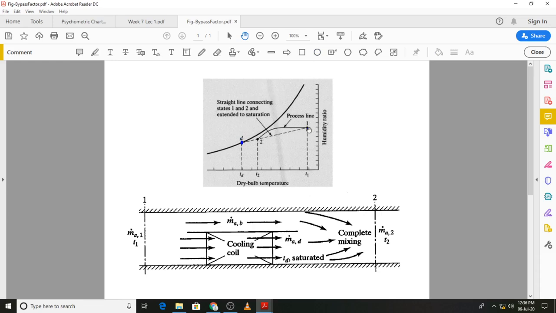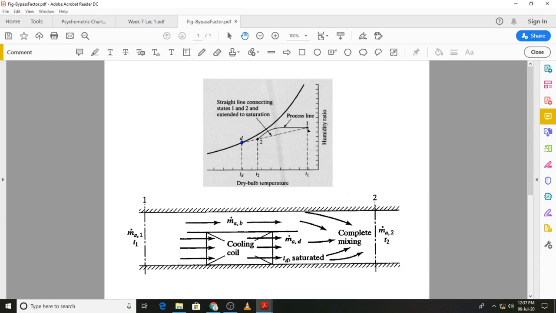And if we adiabatically mix two air streams 1 and D, what we are saying is that at the end of the mixing we will still attain the same temperature that actually exists in the cooling coil, that is state 2. So you can say that state 2 must lie on the straight line connecting states 1 and D based on our earlier analysis of adiabatic mixing of two air streams.